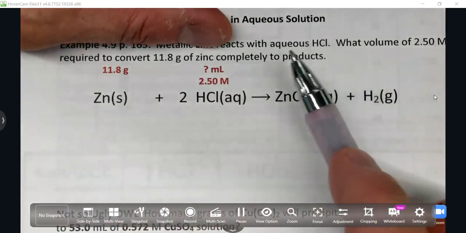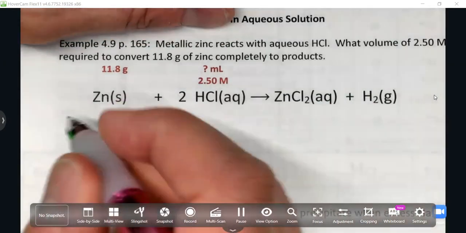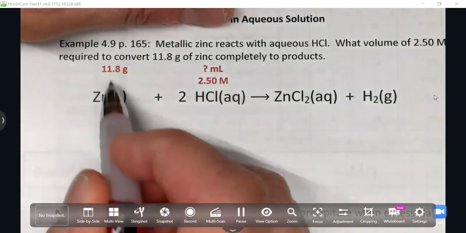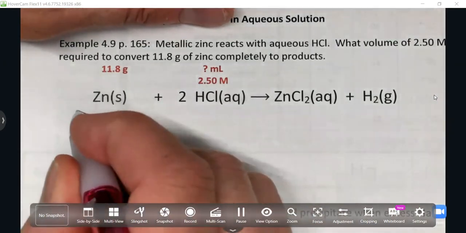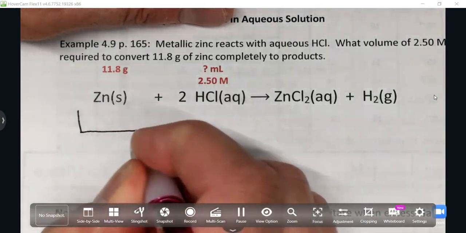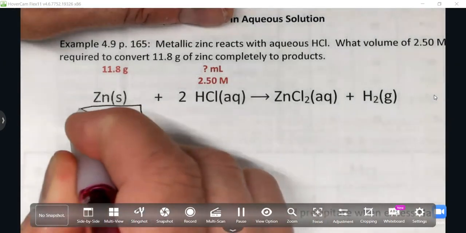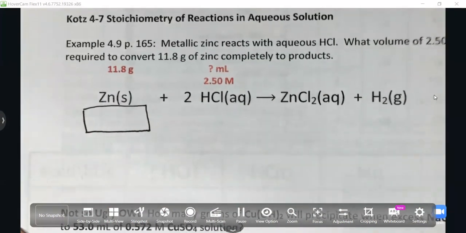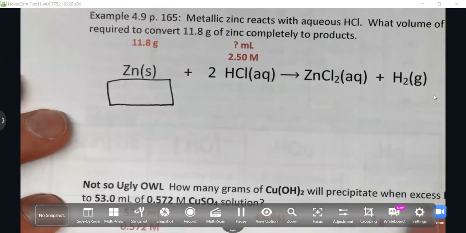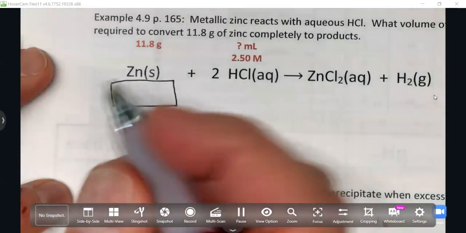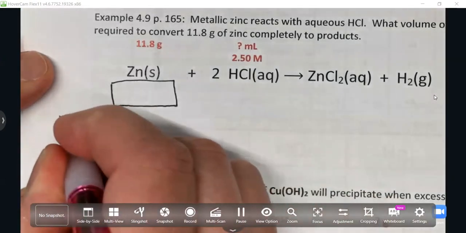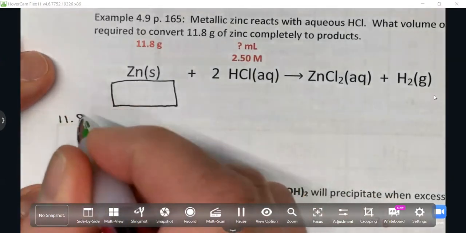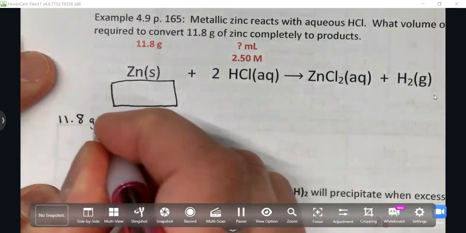It is the same solution technique. We're going to convert grams right here. This is the only thing we're given to convert to moles. Grams, let's convert to moles right here. So we've got 11.8 grams of zinc.